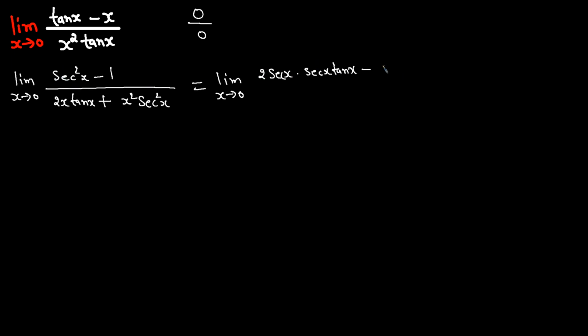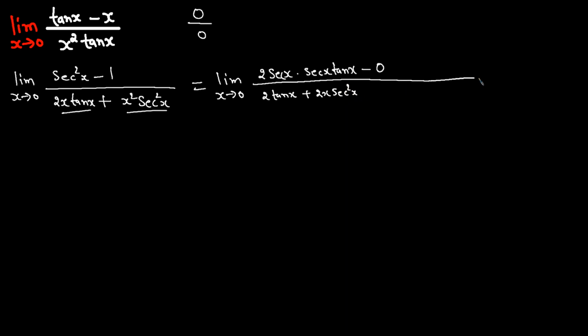Minus the derivative of 1 is 0. Divided by, the derivative of this first part, we need to use the chain rule here. So I'm going to write the derivative of the first part, which is 2x, so it gives me 2 times tangent x plus 2x times the derivative of tangent x, which is secant squared x.